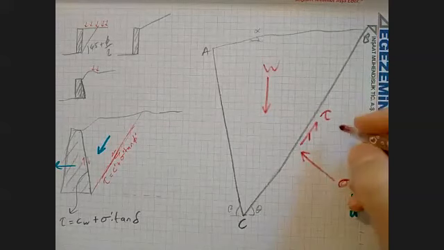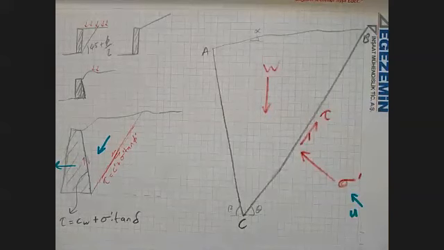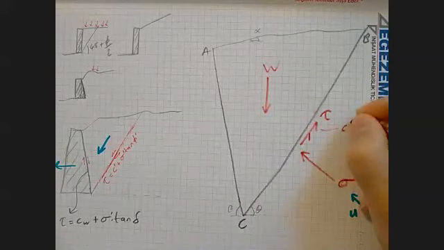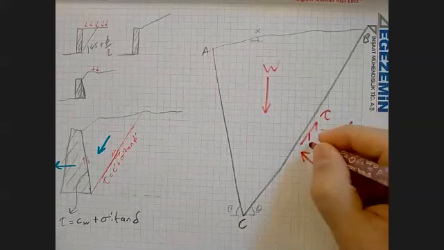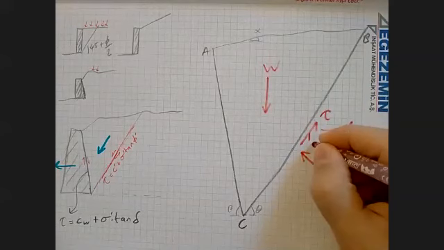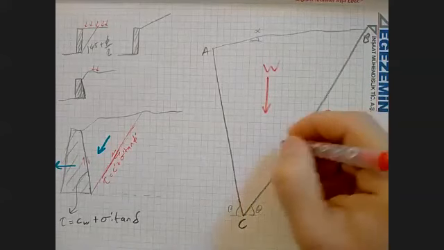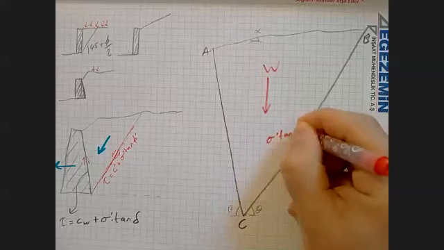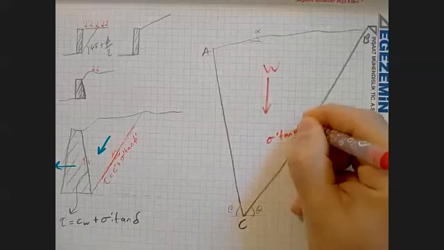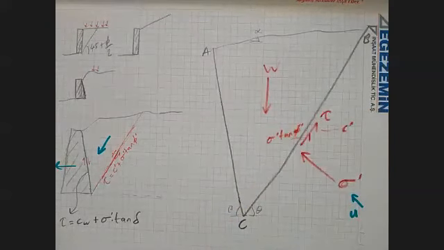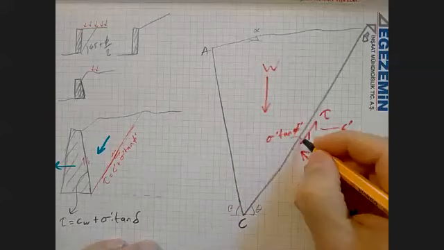So the components here are C prime and, here, let's write it here, sigma prime tan phi prime. So let's write it this one, it's better.